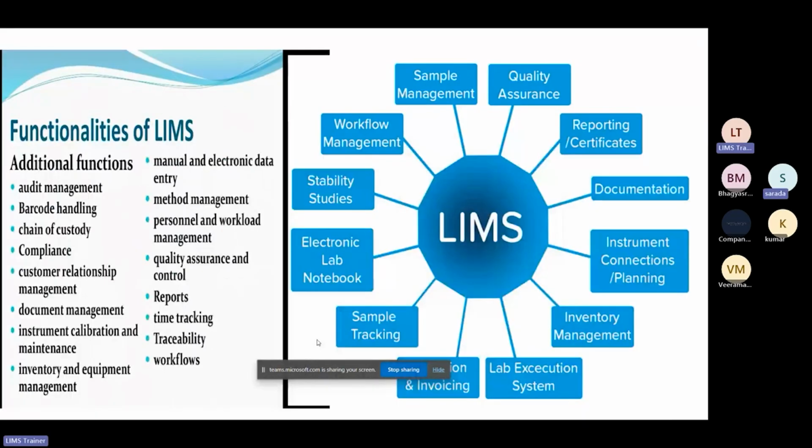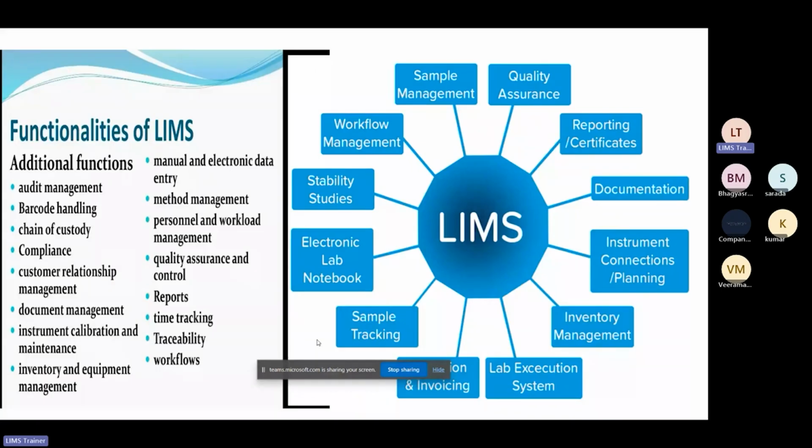Then some additional functions that are provided by this LIMS software we will have a look into. Audit trail is there, so LIMS provides audit management. Then the barcode handling is there. Chain of custody is there because we have login credentials, and the data is not visible to everybody.